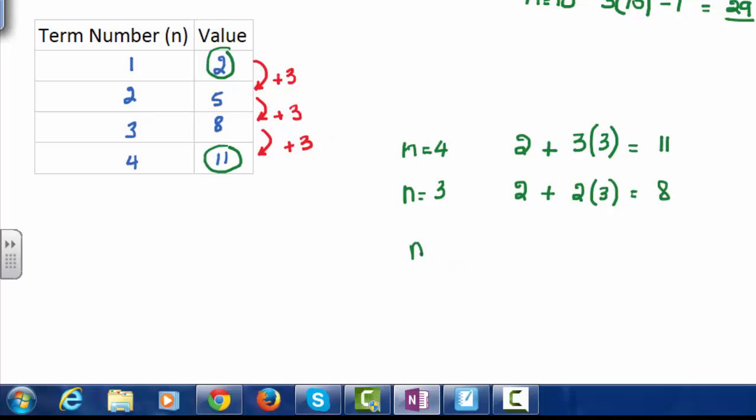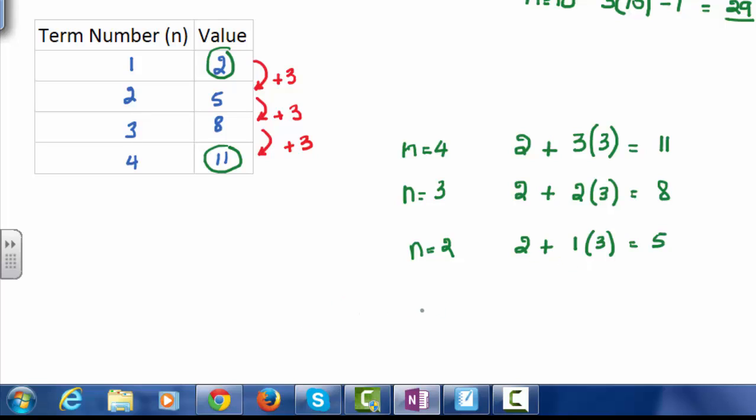When n equals 2, the second position, how did I get 5? We start from 2. How many times did I add 3 to get 5? Only one time. 3 times 1 equals 3. 3 plus 2 equals 5. Nice.